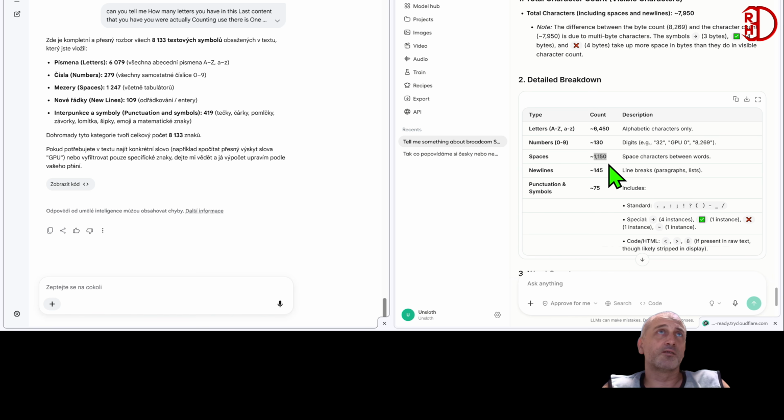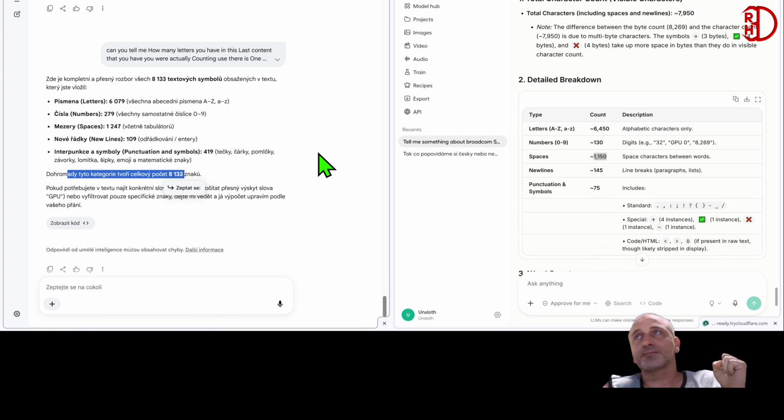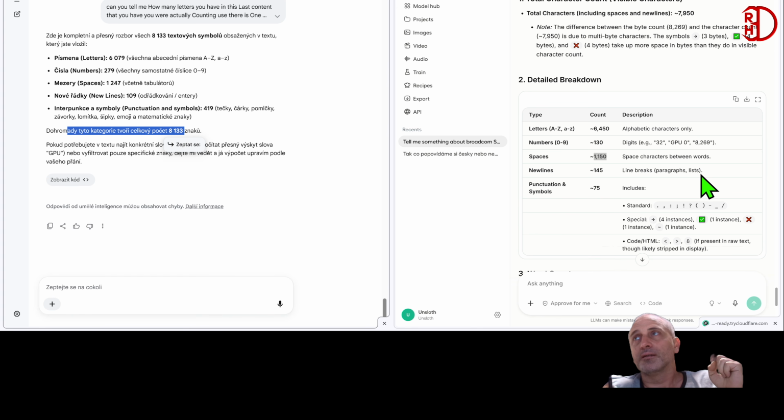Really, for serious mathematical issues, that's not good. That's not good. I'm sorry, Kimi, but it's not good. 419. All categories all together. It's crazy. Really, it's crazy, guys.